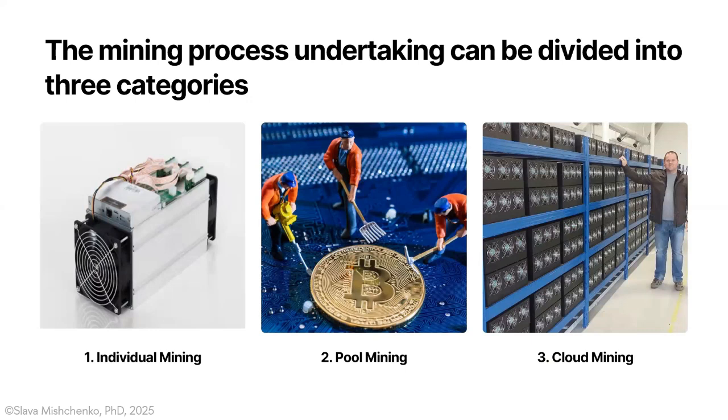Well, now let me talk about three main categories of mining that we see in the blockchain ecosystem today. So these images perfectly illustrate the distinct approaches to mining that have evolved over time. First, let's look at the individual mining shown on the left.